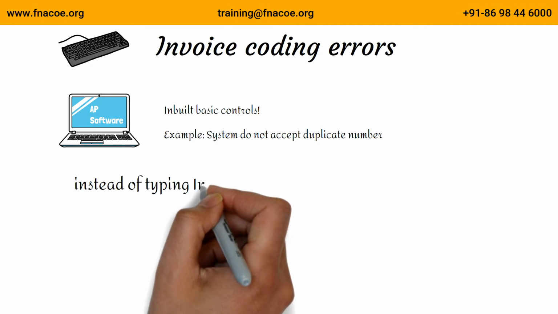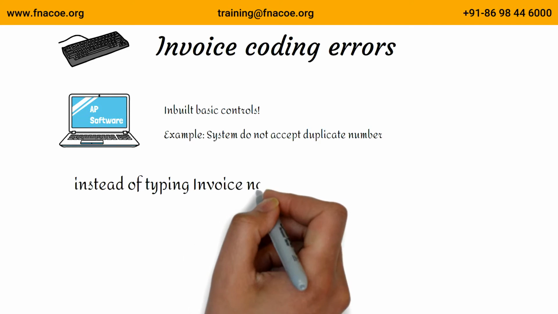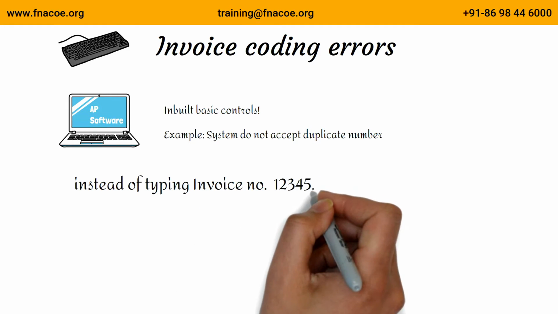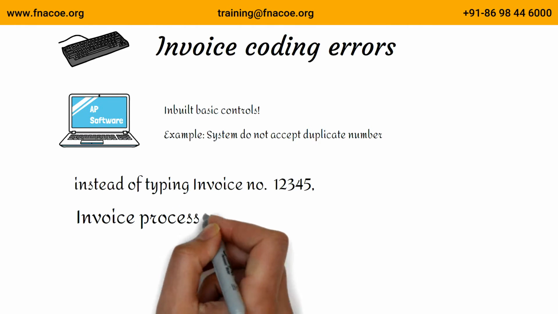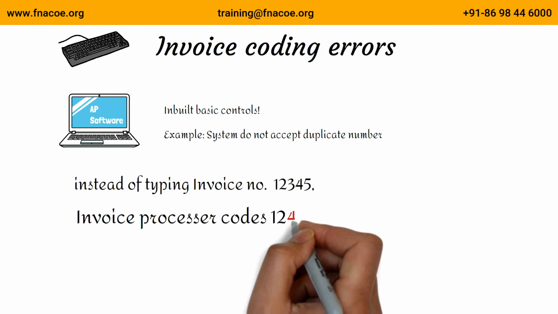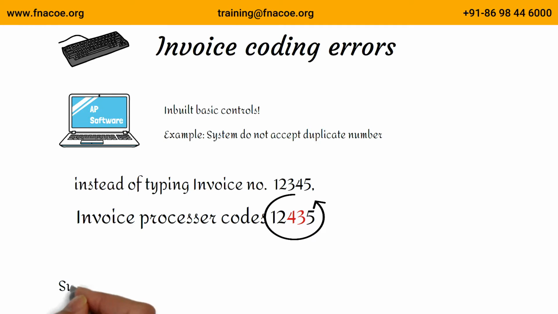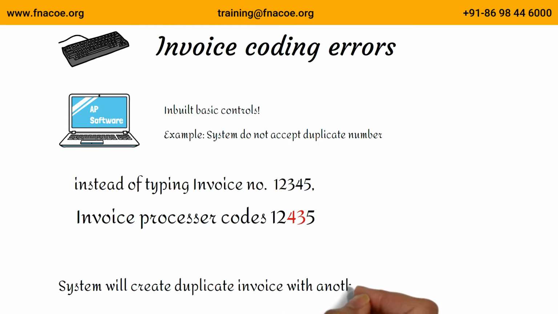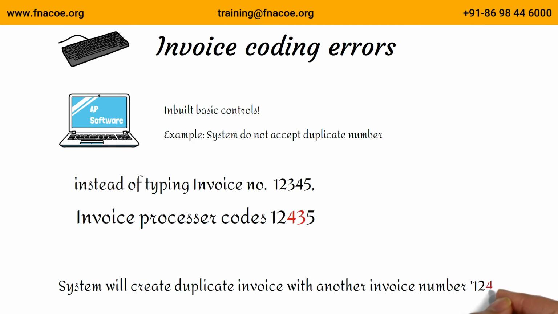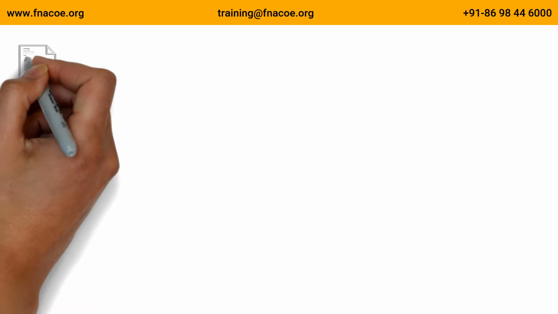A simple example is, instead of typing invoice number 12345, the invoice processor mistakenly codes 12435. That's it. The system will accept it, because though the invoice number mentioned on the invoice is the same, a typing error has created two invoices for the same amount, for the same invoice.